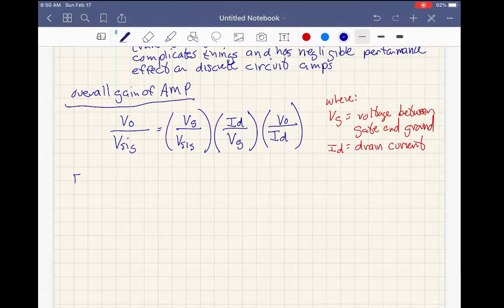So to find the voltage at the gate, VG, we had said right at the beginning, remember, the input resistance of a MOSFET at the gate is infinity.